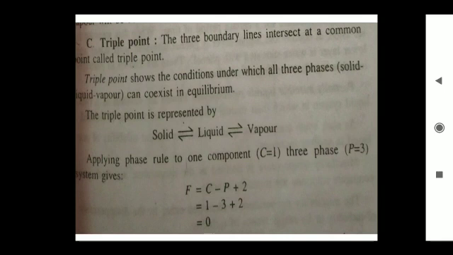It is a non-variant or invariant system. In the case of water, the temperature and pressure of the triple point are 0.0098 degrees centigrade and 610.25 pascals.